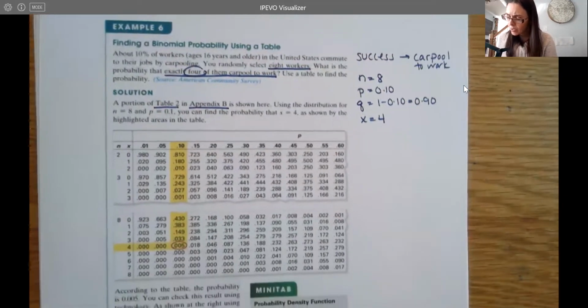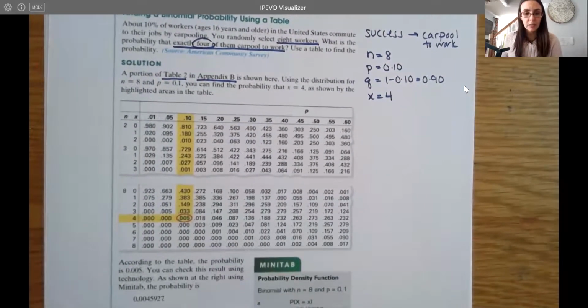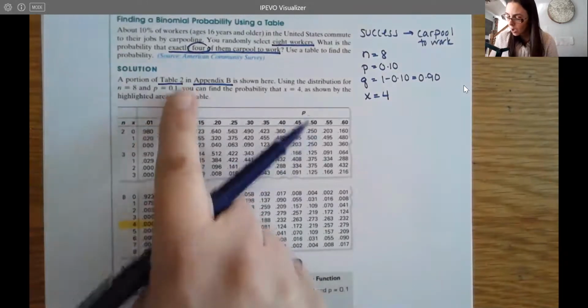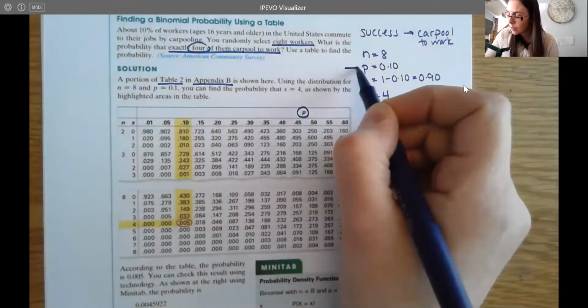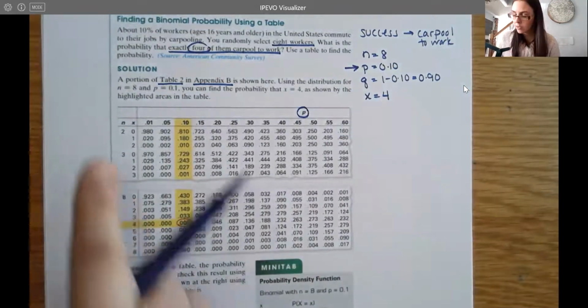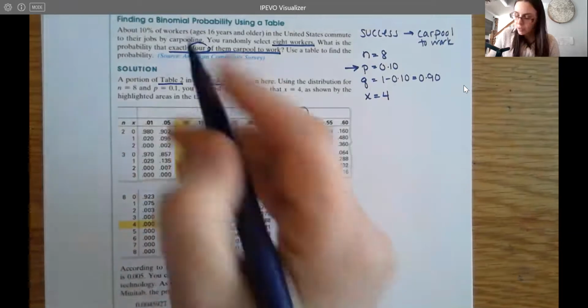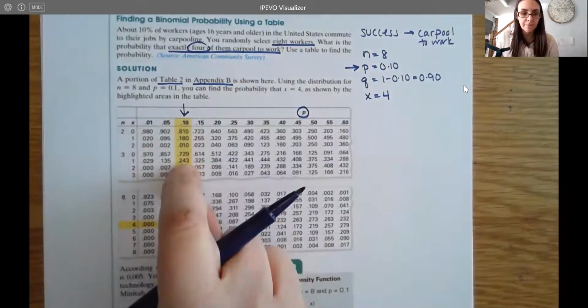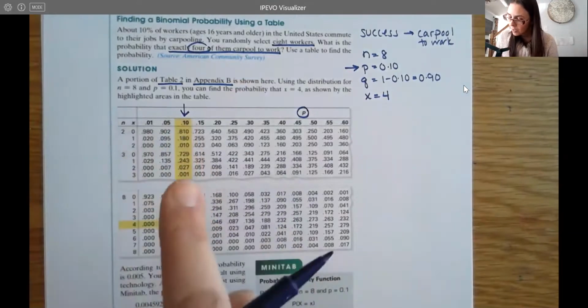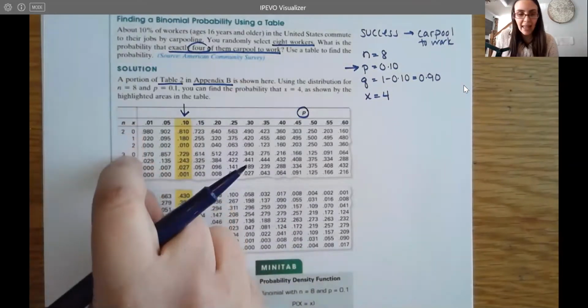And my goal here is to just quickly show you how to use it. So on the columns going down, you're going to see the p-value. So our p-value here is 0.10. So the first thing you need to find is your p-value. You can see the book is highlighted for you so you can follow along. So here's our p-value of 0.10. Now, the other thing you need to find is it's going to be grouped by n's.